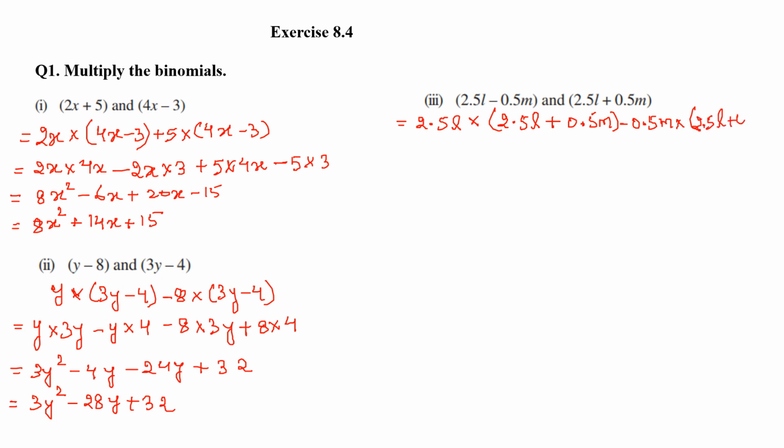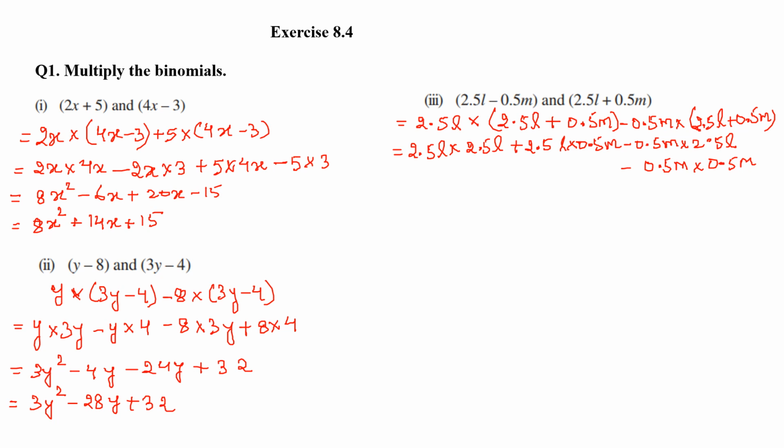2.5L plus 0.5M. After that, 2.5L multiplied with 2.5L, then plus 2.5L into 0.5M, then minus 0.5M into 2.5L, and again before the bracket there is a minus sign, so this plus will change to minus 0.5M into 0.5M.